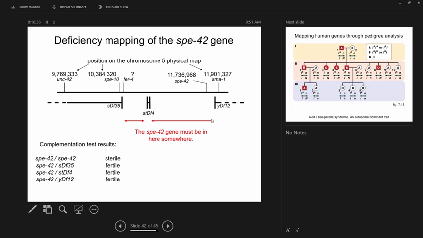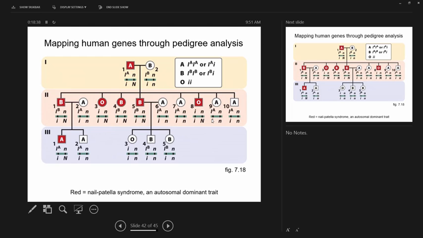All right, we're not going to talk a lot about human genetics because human genetics requires very sophisticated, high-end statistics, way over what you learn in biostatistics even.